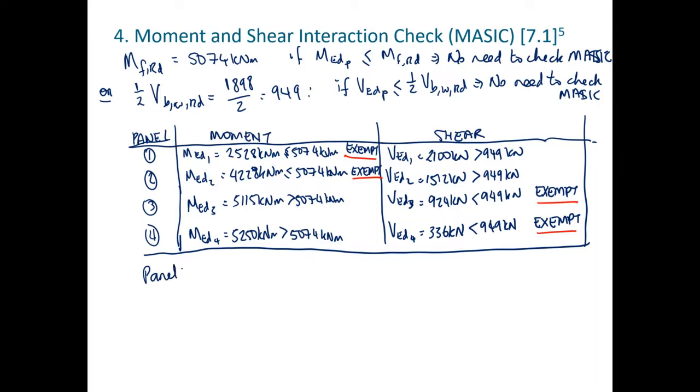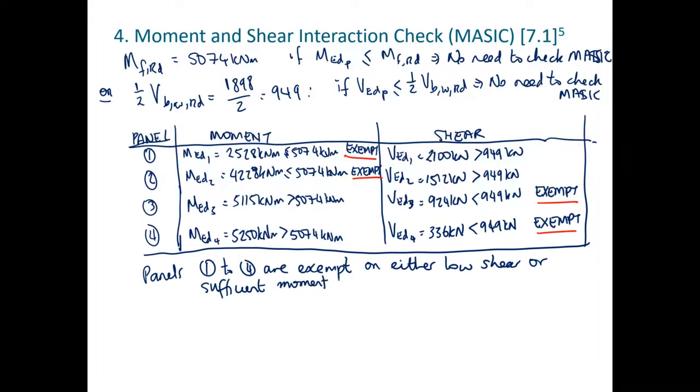So panels 1 to 4 are exempt on either low shear or sufficient moment capacity in the flanges alone.